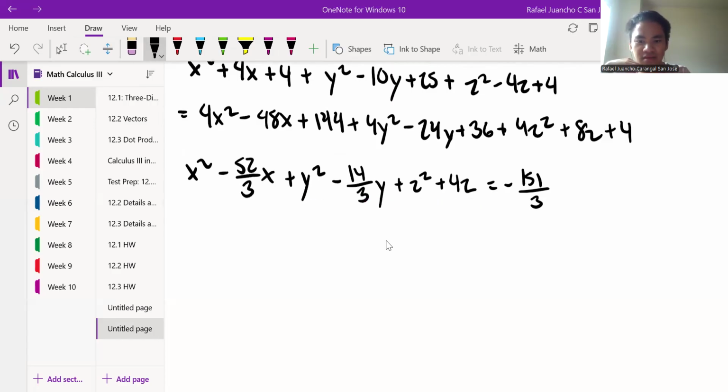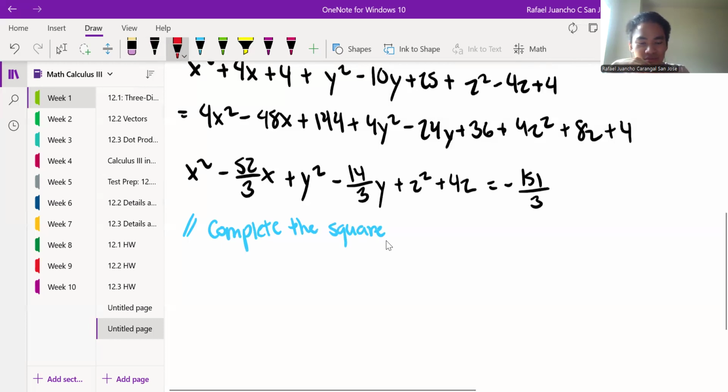Okay. And then from here, we want to complete the square, right? Because if you notice something, there's an xyz here, but this is actually an equation of a sphere. So if we complete the square, let's say we have ax squared plus bx plus c, right?